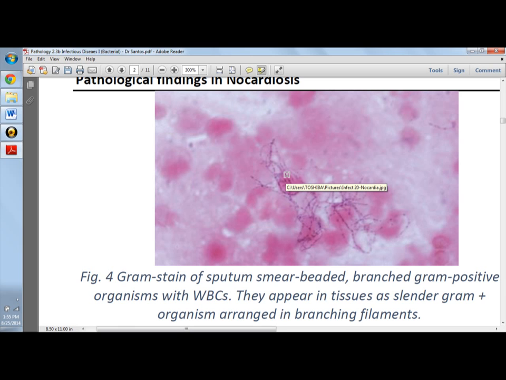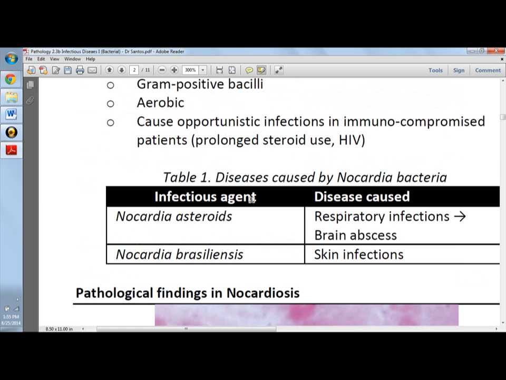Nocardia is aerobic, and the diseases caused by Nocardia are divided into two because they have two different infectious agents. We have Nocardia asteroides, which can cause brain abscess, and Nocardia brasiliensis, which can cause skin infection. So asteroides is actually brain, and brasiliensis is actually skin.